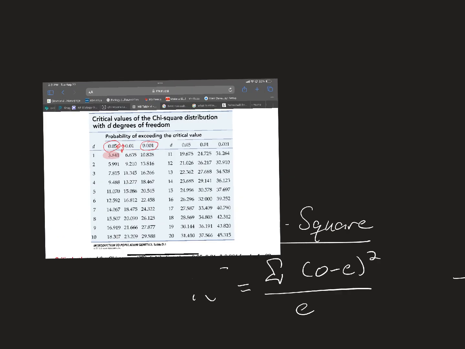So any chi-square bigger than your critical value is going to mean that your p-value, the chance that it's just by chance, is less. Because look, a chi-square value here would mean there's a 5% probability it's just chance.